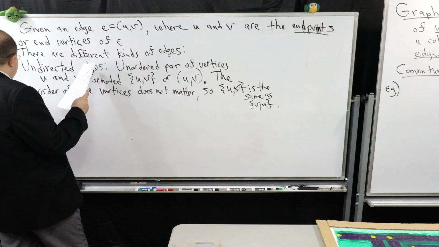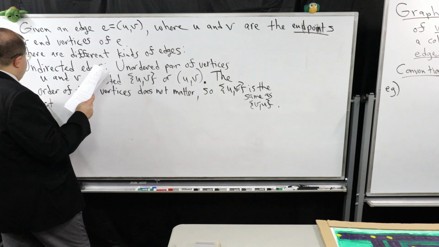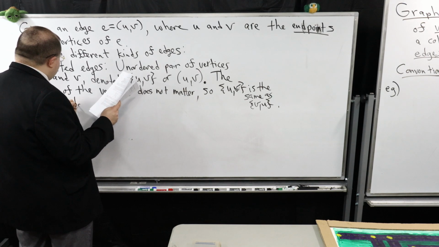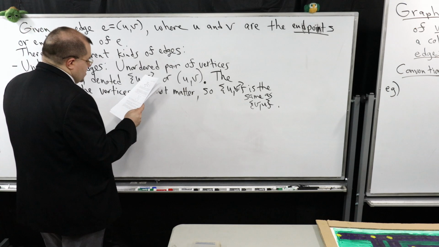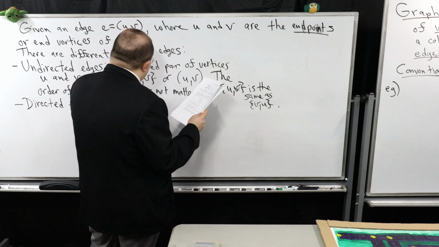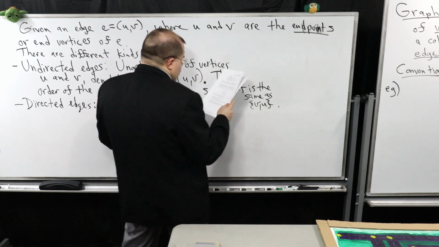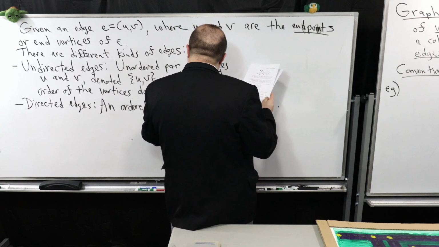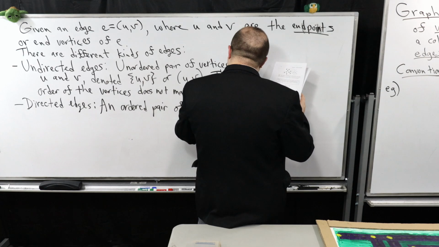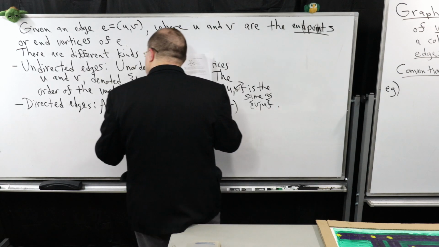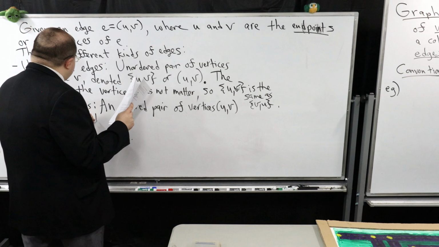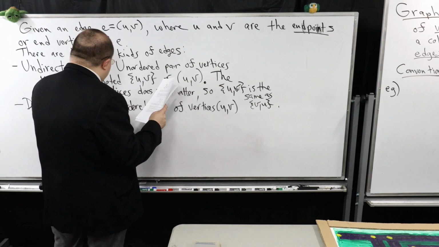Okay, naturally there's the so-called directed edge. If there's an undirected edge, there has to be a directed edge. So this is an ordered pair of vertices, UV, where U is the first vertex.